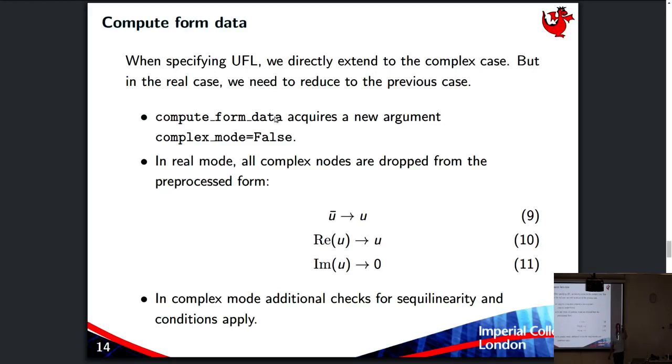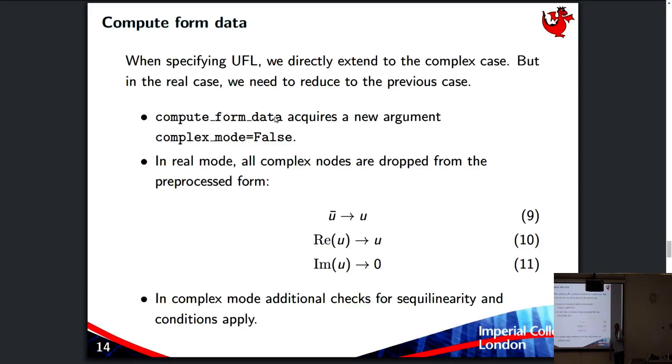And so the compiler at compile time knows whether we're in real or complex mode. So if we're in real mode, it just drops all the complex nodes on the floor. And if we're in complex mode, what it does is it augments the linearity check to make sure that you are linear in the trial function and conjugate linear in the test function.